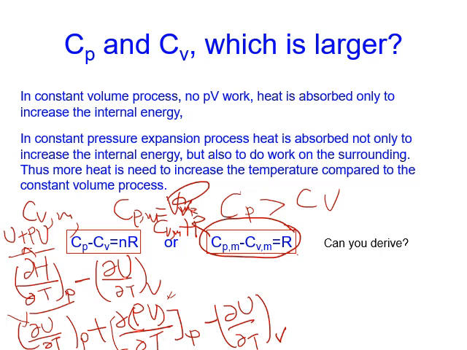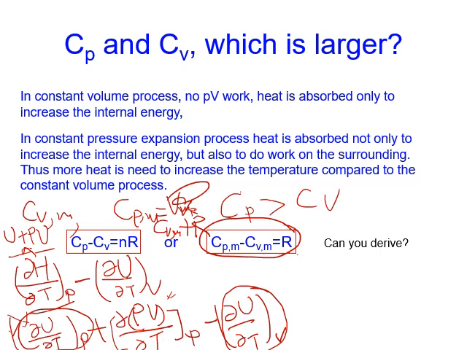If you compare the first and the third terms, both are internal energy derivative over temperature. One is at constant pressure, one is at constant volume. Now, if it's an ideal gas, then pressure and volume shouldn't affect internal energy, only temperature.